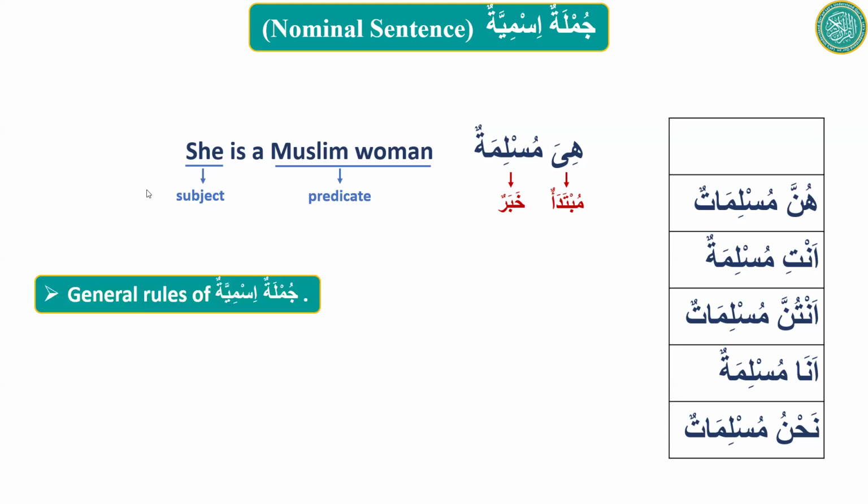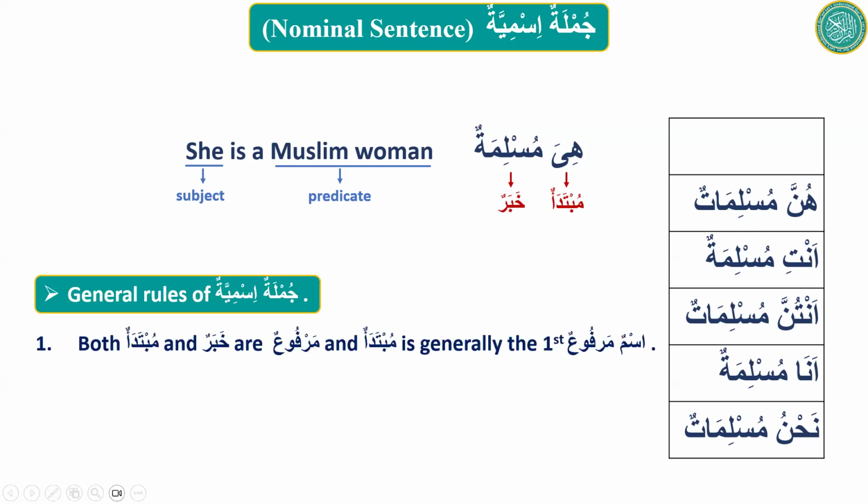All right. So what did we learn so far in the last few minutes about jumla ismiyyah? We learned that both mubtada and khabar are marfu. The word whose status is rafa is called marfu.